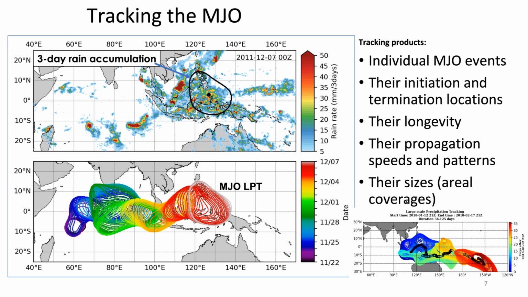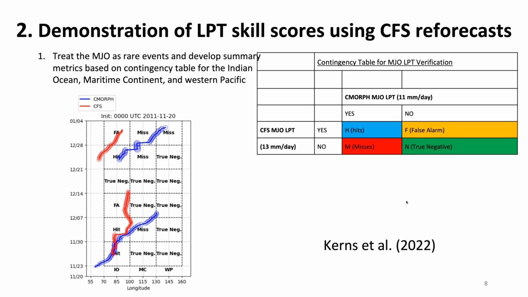Okay, so how do we use this method to develop the skill score for a CFS forecast? In this case, we treat MGO as a rare event, and we borrow the commonly used skill scores for rare precipitation events. So on the table to the right, you can see there are 4 scenarios. We divide the entire Indo-Pacific area into three regions: the Indian Ocean to the west, the Maritime Continent in the middle, and the Western Pacific to the east.